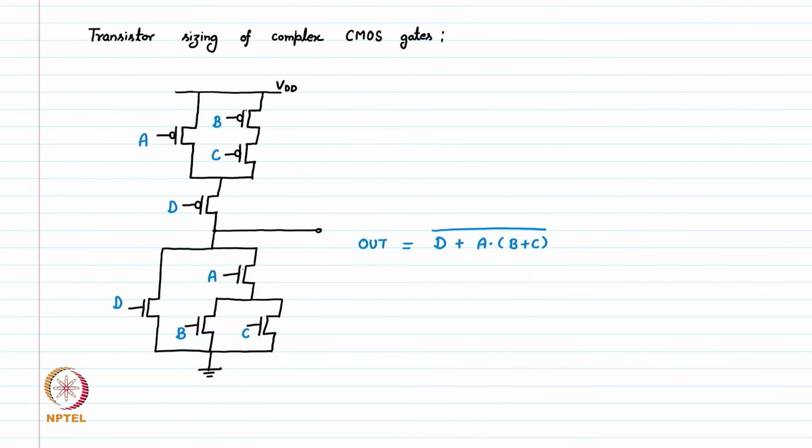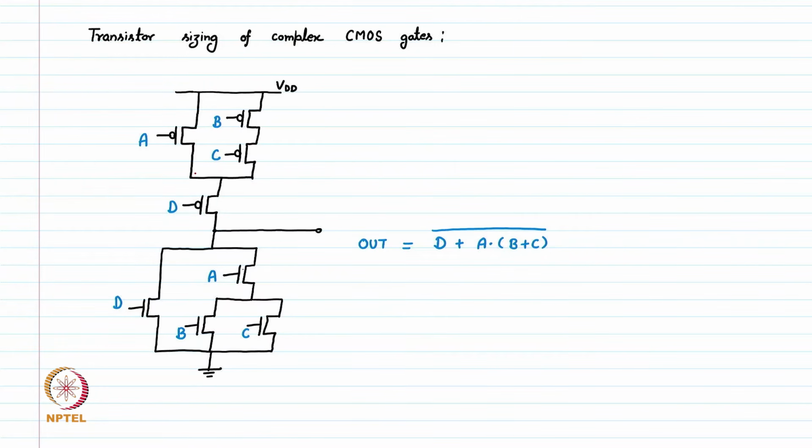So ideally we want this path through A to have the same delay or the same resistance as the path from B and C. So B and C should have the same resistance as compared to the signal through A, the current through transistor A.